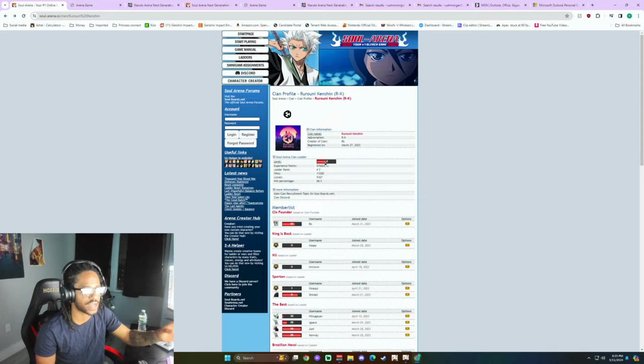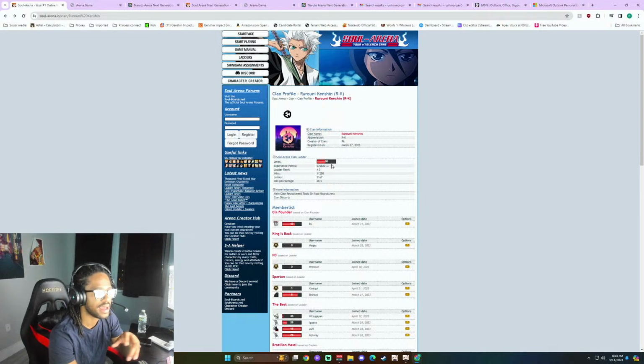Because you can't have an accountless clan. There has to be an account assigned to a clan. If all the accounts are purged, the clan will end, and that would mean that this clan would not be level 90. This clan was level 90 in 2011. You're telling me they did a full account purge and somehow the clan is still level 90 with no account tied to the clan?